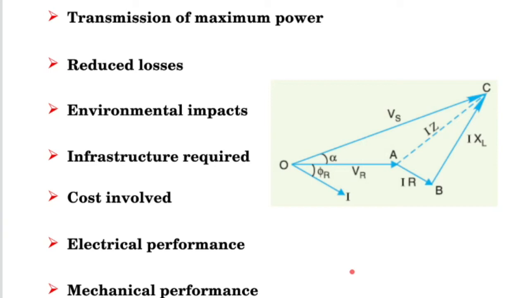So we cannot run those high voltage or extra high voltage transmission lines over the city, where there are very, very tall buildings and it's crowded and populated, because it's dangerous. If something happens, it will kill people in no time.